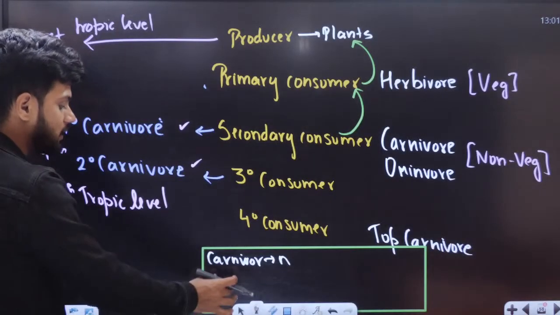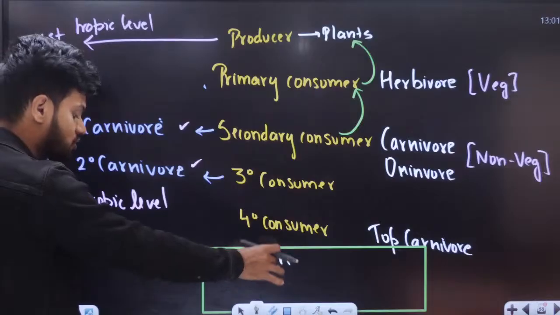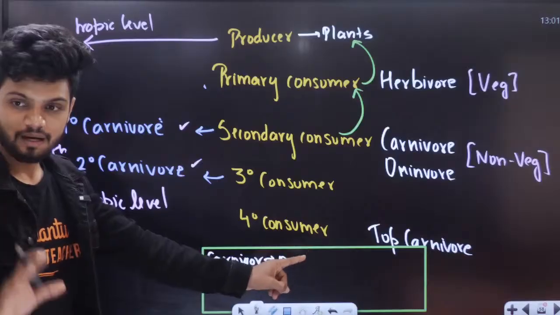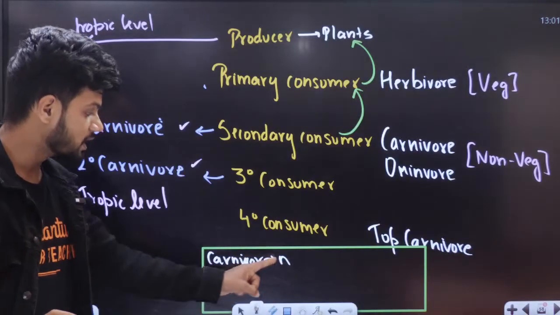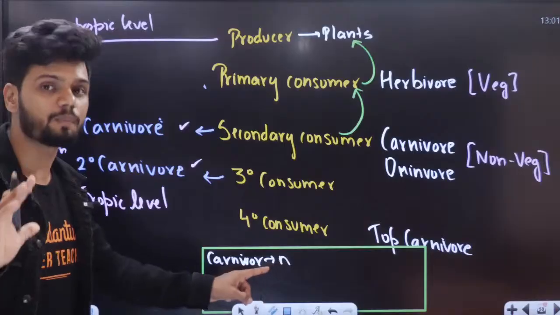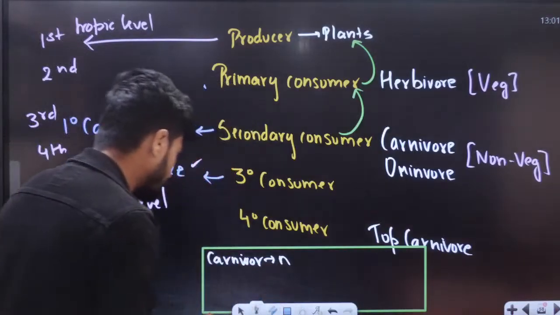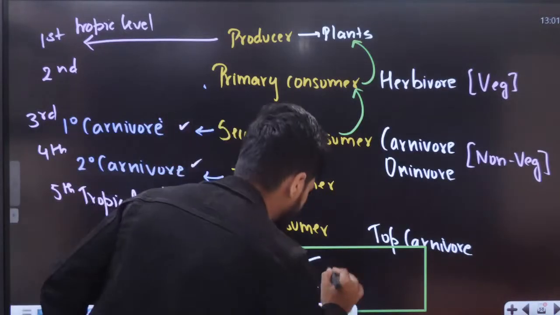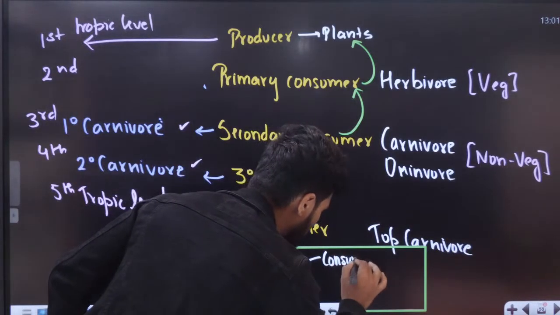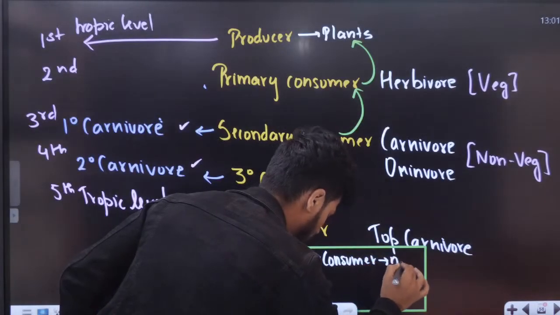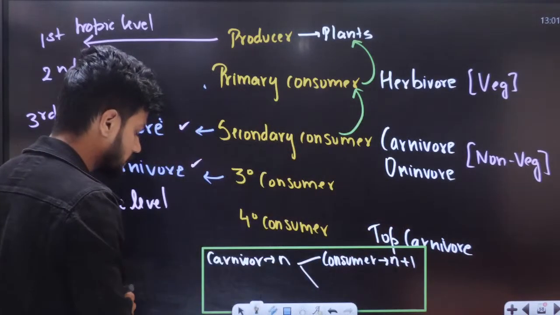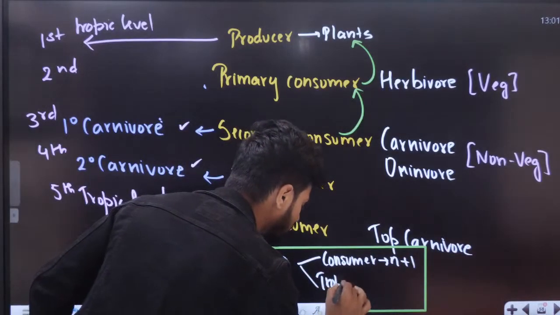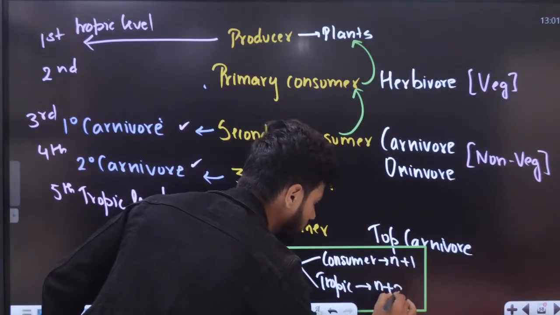Now, if you want to find which carnivore is present at which trophic level or which consumer it is, the simple formula is: consumer level is n plus 1. What if I want to find the trophic level? Trophic level is n plus 2.